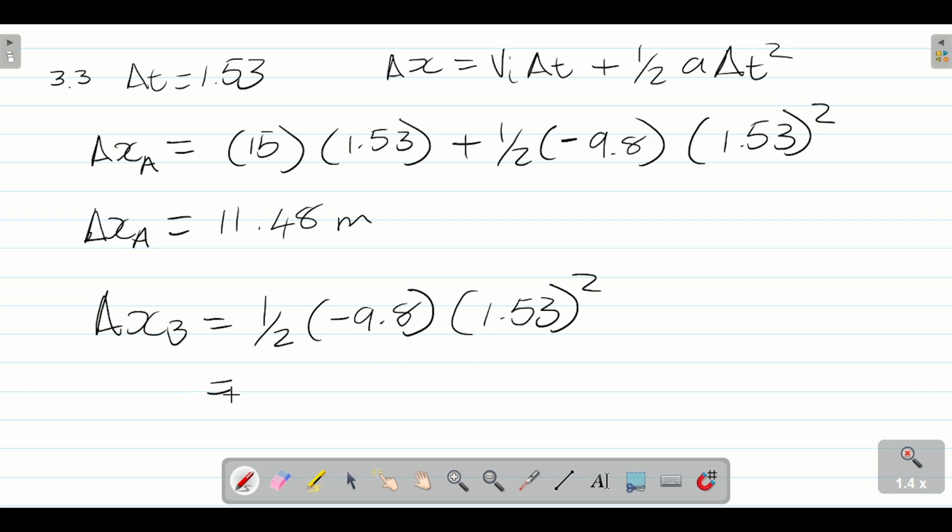Punch that into the calculator and we get minus 11.48 meters.